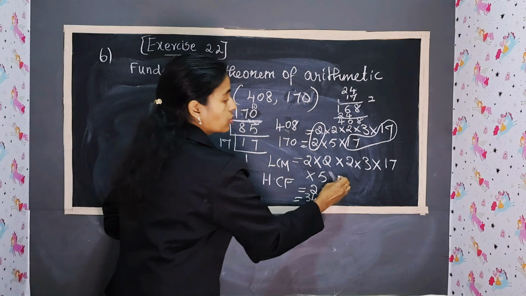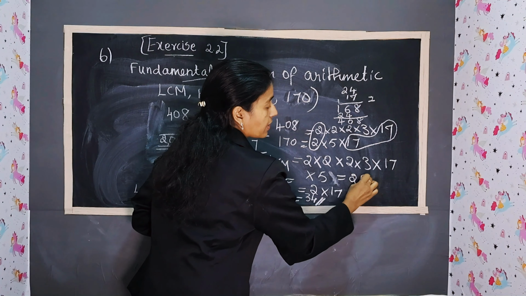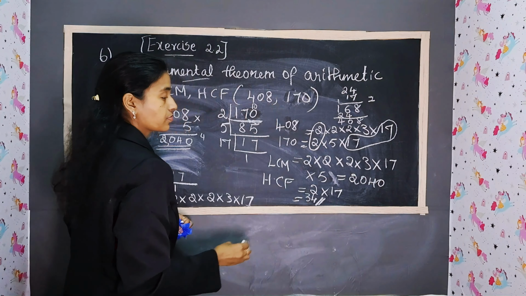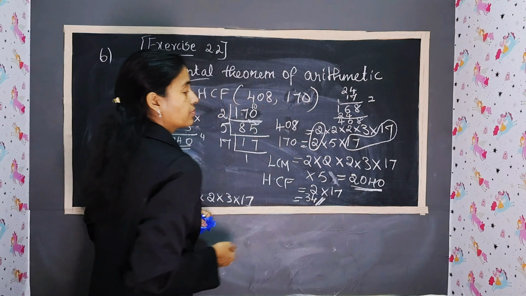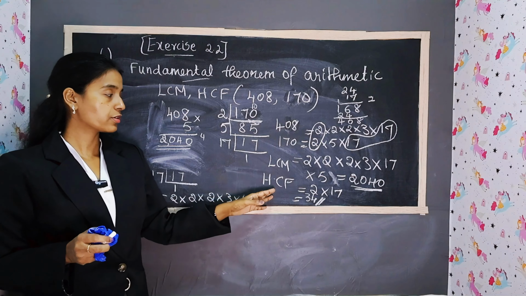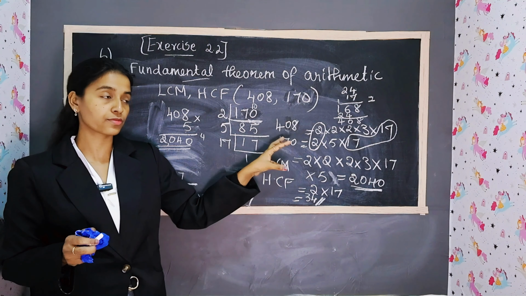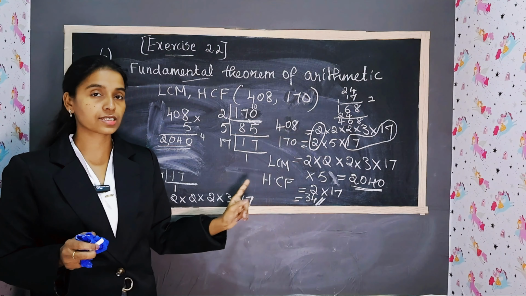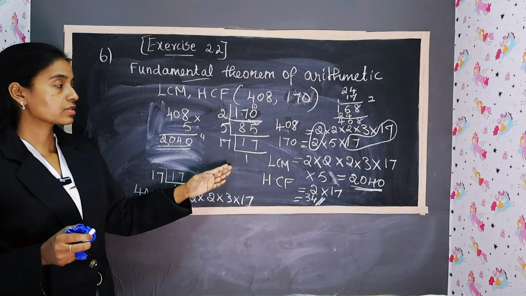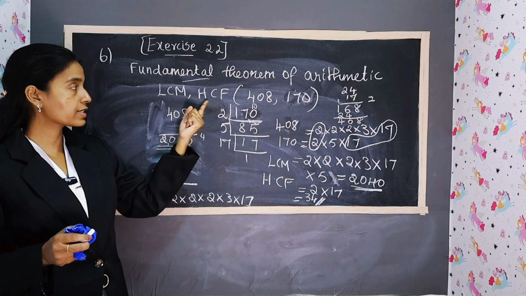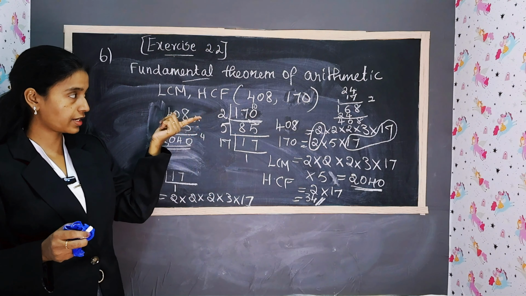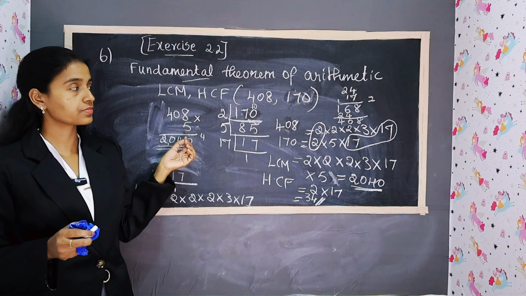LCM is 2040. Okay. For highest common factor, we have to take only the common factors from both cases. This is HCF. Okay. This is all about the LCM and HCF of 408 and 170.